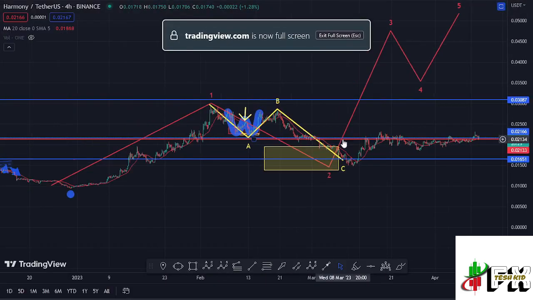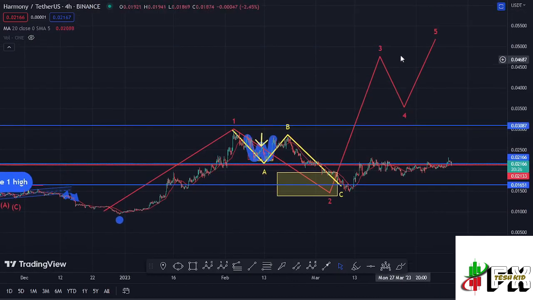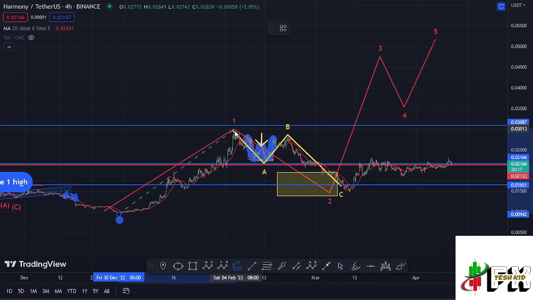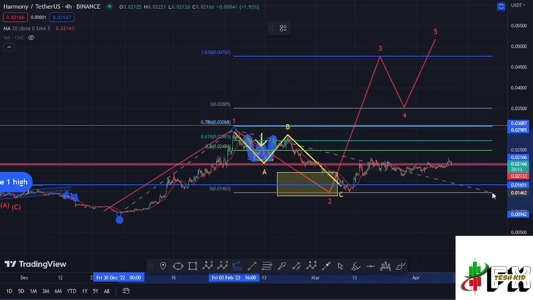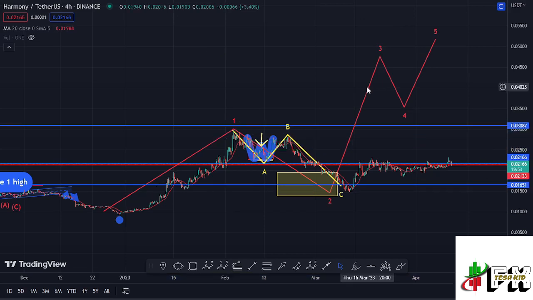And by first giving you a target area to the upside in the formation of this wave 3 that I'm expecting on the long-term scenarios, by connecting the trend-based Fibonacci from the low of the first wave to the high of that wave 1, then dragging the fibs to the low of the second wave, that now gives me a target area in the formation of that wave 3 at the fib level 1.618, and that is at around the $0.0477 mark as a minimum, and that is the minimum that we can expect Harmony 1 to do on the long-term scenarios.